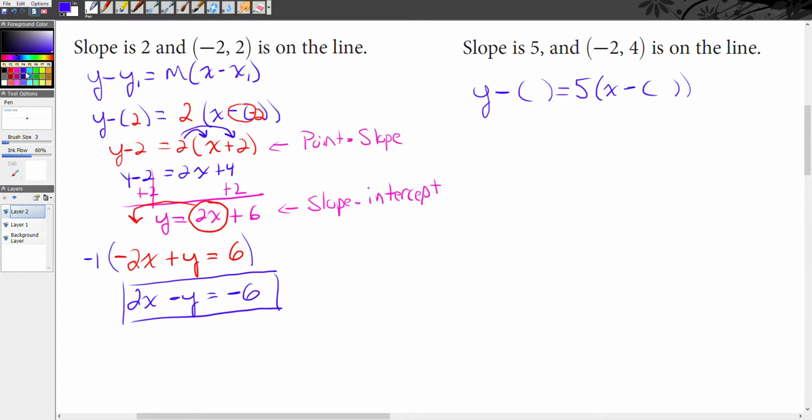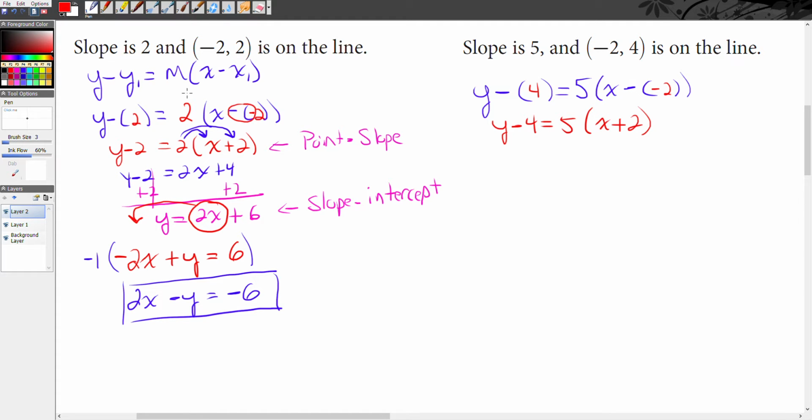And then let's go ahead and put these points in. Our y value is 4 and our x value is negative 2. When we clean this up, we get y minus 4 equals 5 times x plus 2.